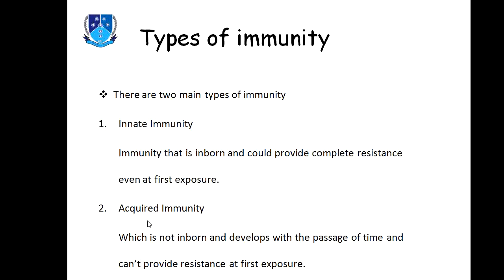It cannot provide resistance during first exposure. During first exposure it starts development. This is instigated, this is stimulated. The development of acquired immunity is stimulated during the first exposure. So this could not provide resistance at first exposure.